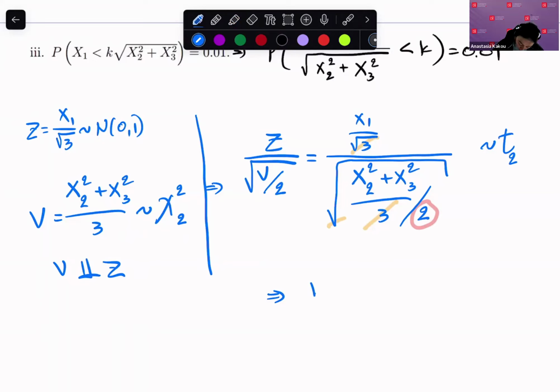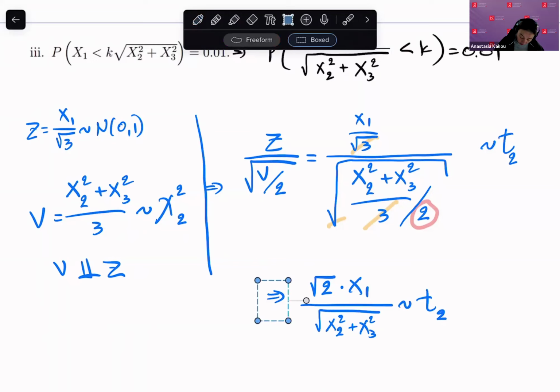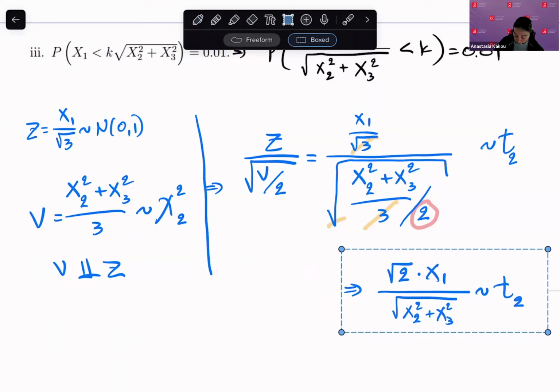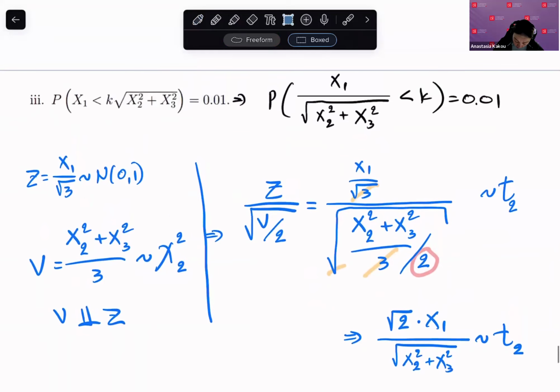So we end up with square root of 2 times x1 over square root of x2² plus x3², following a t-distribution with 2 degrees of freedom. Okay, so that's the prep work in order to be able to find the random variable. Then we'll look at the question we need to answer.